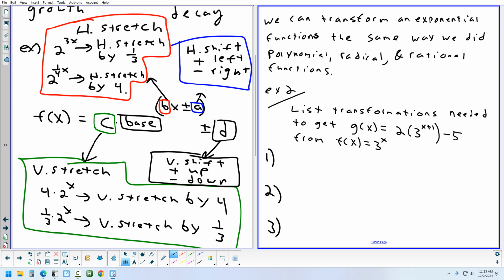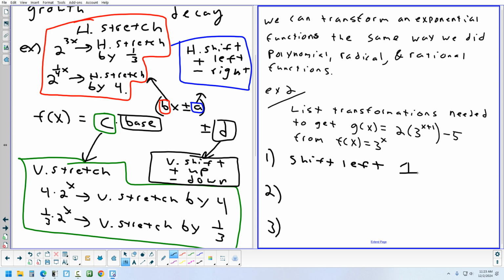Start with A, then go to B, then C, then D. Okay, let's start with A. Is there a number in the spot for A in this problem? Yep, what is the number? It's a positive 1. What does a positive 1 in the A spot do? Horizontal shift to the left. Yeah, left 1. So shift left 1. Perfect.